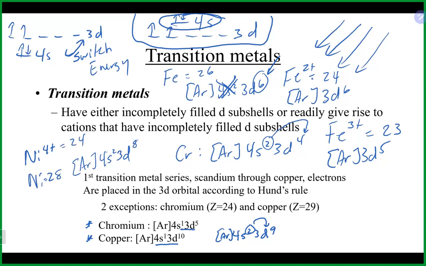So the nickel here will lose 2 out of the s, but it still needs to lose 2 more. So then it will go to the next highest, which would be those d, and take 2 out of there. And you'll end up with argon 3d6 as the electron configuration for nickel with a +4 charge.